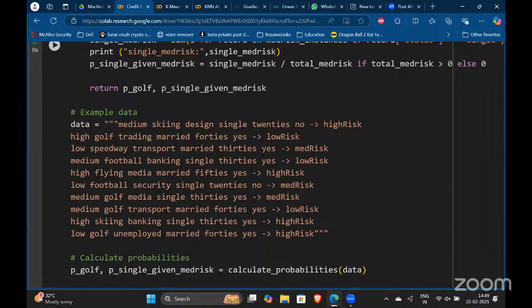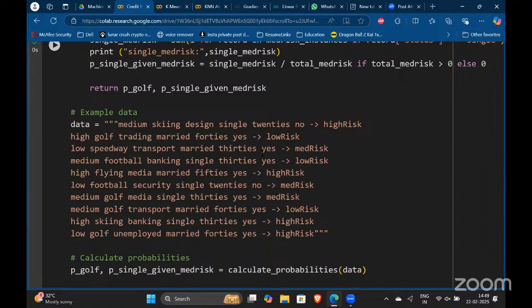They asked about the unconditional probability of a given person playing golf. So out of 10 records, we have 4 records stating the person is playing golf. So the probability of a person playing golf is 4 out of 10, which is 0.4, which is 40%. So this is the first question's answer.